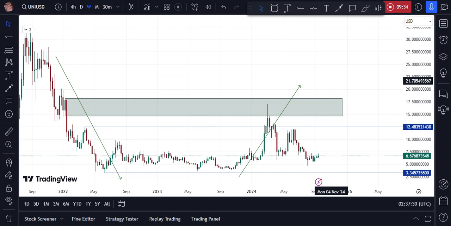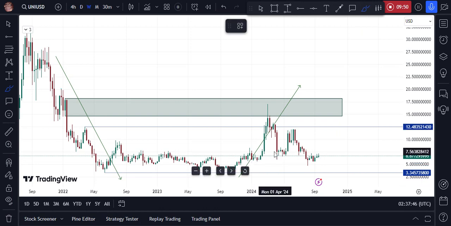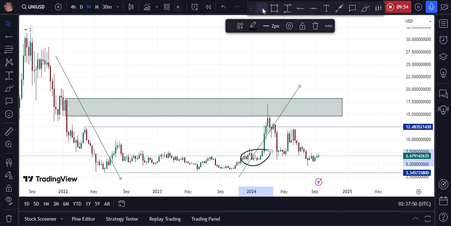So now, looking at this chart, you agree with me that the area that signals a smart money entry on this very chart is this area.